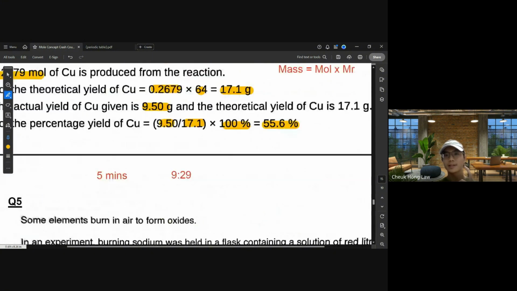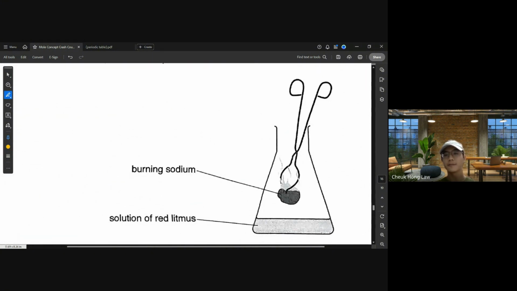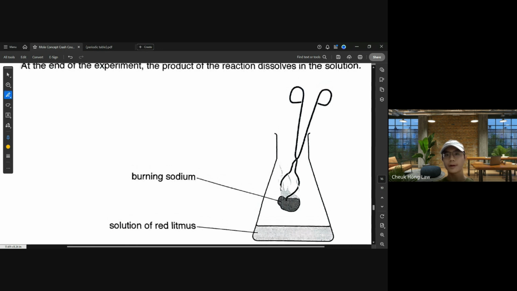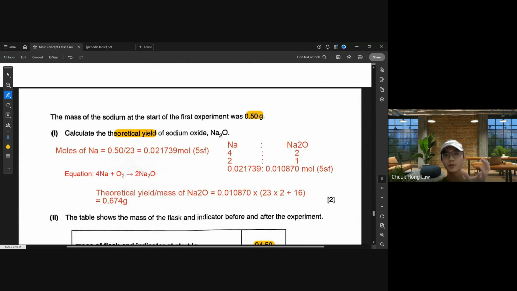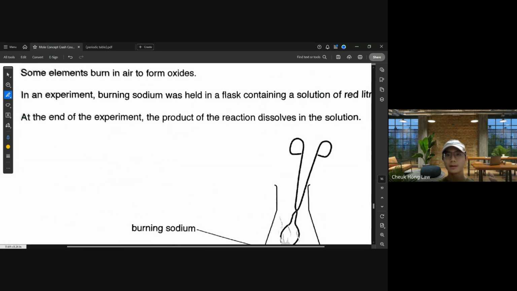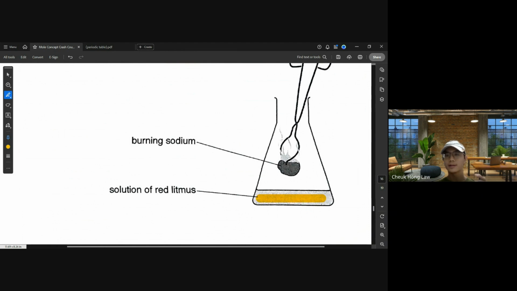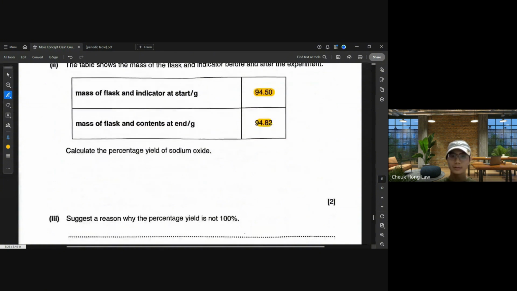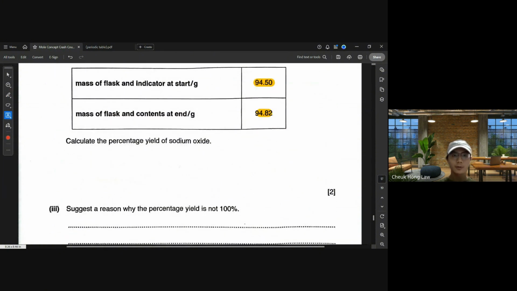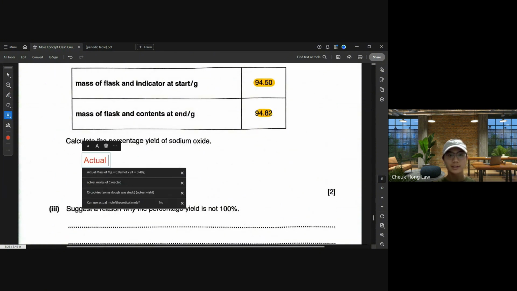And what exactly caused the increase? It is the formation of sodium oxide, correct? In this reaction, sodium oxide is formed, and then what? The product of the reaction dissolves in the solution. So it dissolves over here. So that's why it's added to the weight. Okay. So I can find the mass of sodium oxide, the actual mass, actual yield.